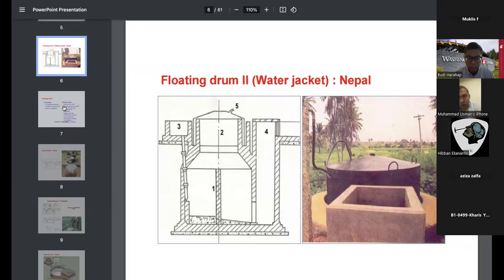So what is the difference between the Nepali floating drum biogas plant and the Indian one? They have a divider in the digester.